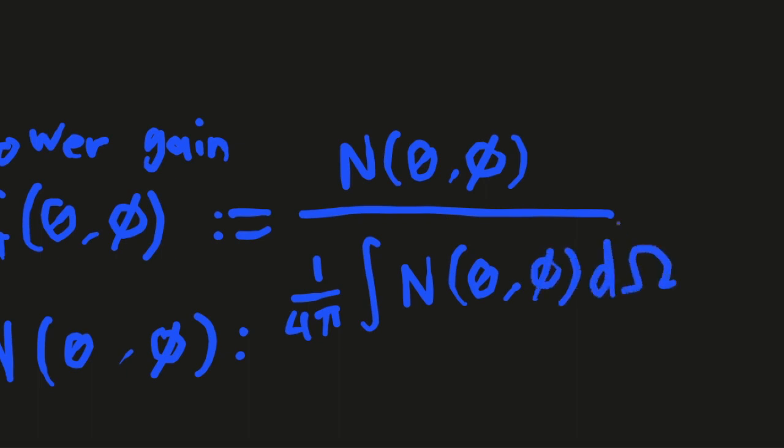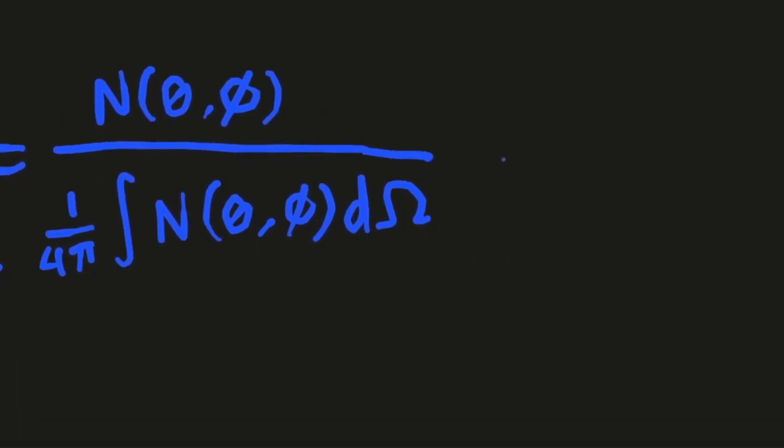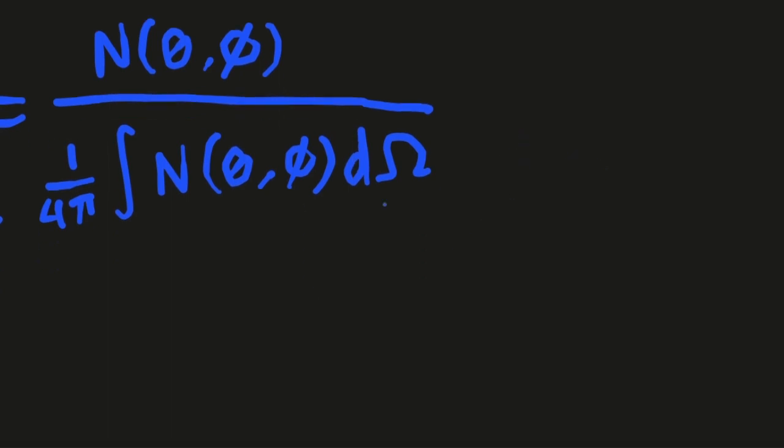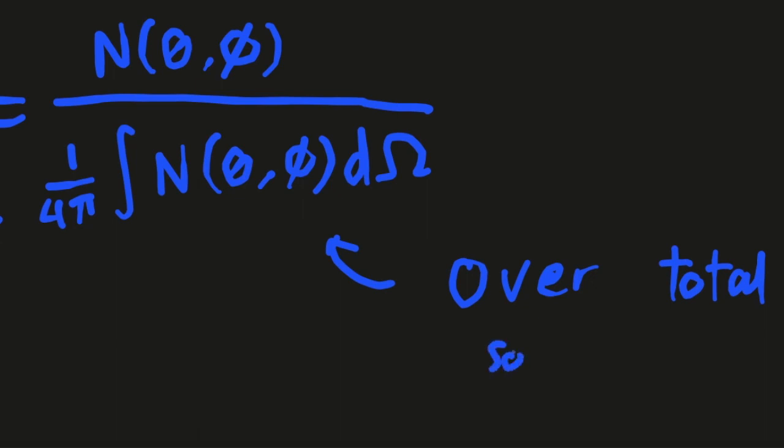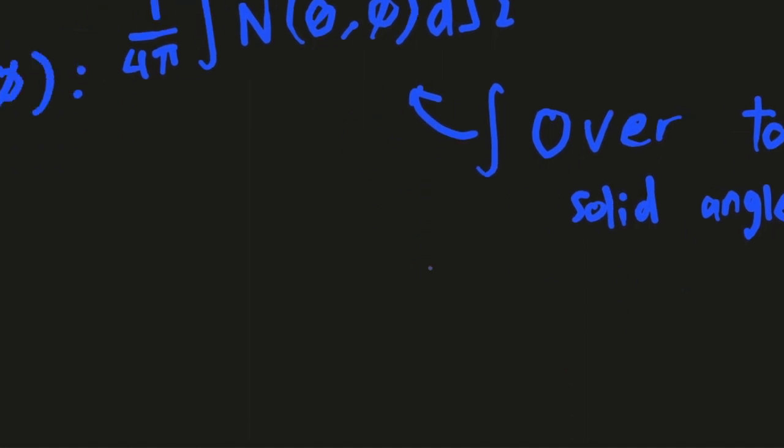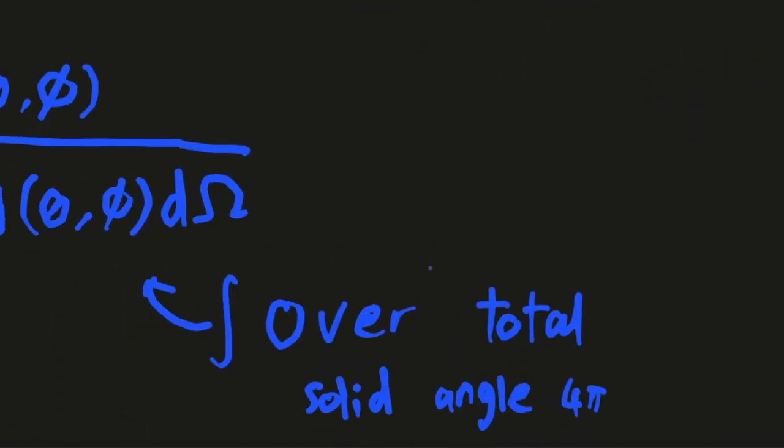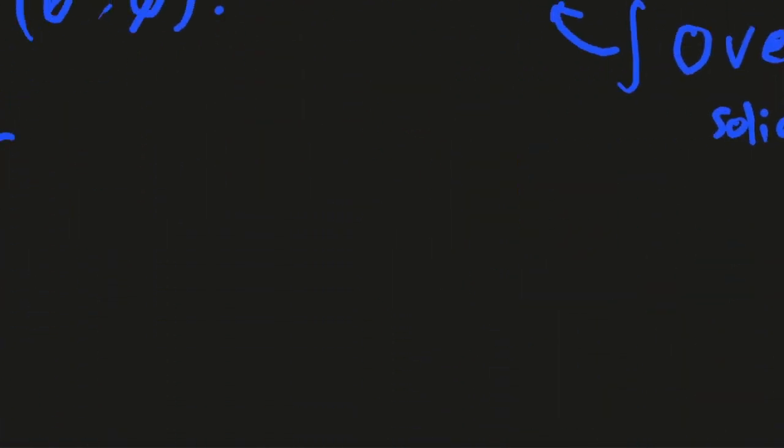So it's like how much of the radiated power is within this θ and φ, within this arc, if you will. So this integrates over the total solid angle. And just as an example, if you look at a Hertzian dipole again, the power gain is of the form 3/2 sin²θ.